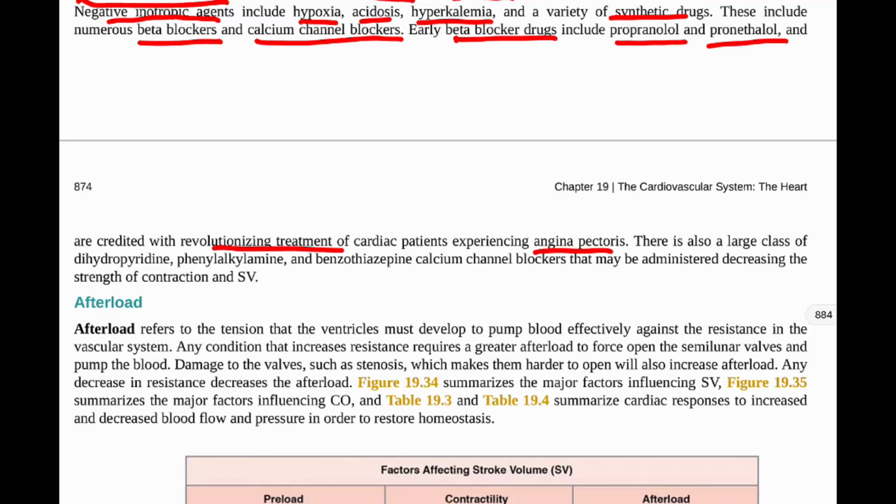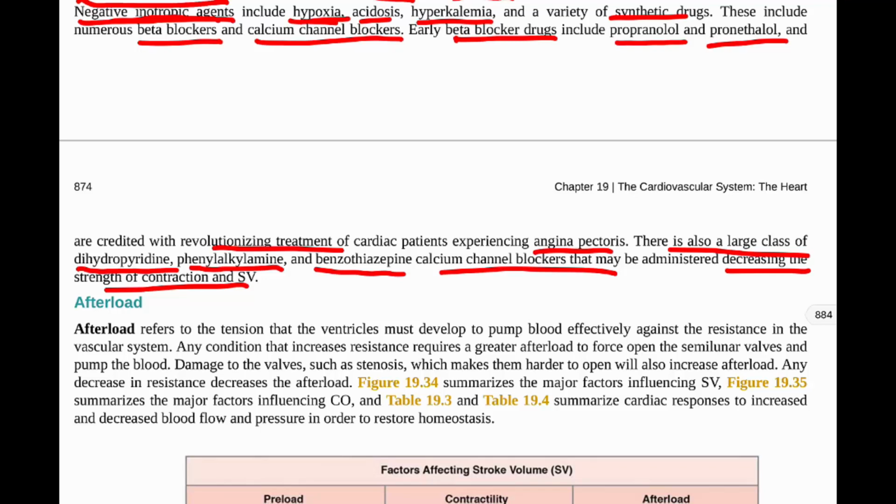There's also a large class of dihydropyridine, phenylalkylamine, and benzothiazepine calcium channel blockers that may be administered, and they also decrease the strength of contraction and then decrease the stroke volume. So these are the synthetic drugs. When we're talking about negative inotropic agents, we have low oxygen, acidosis, hyperkalemia, and these synthetic drugs that were just mentioned in these two areas here.